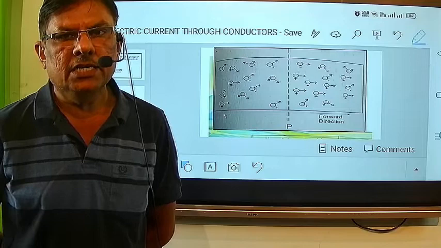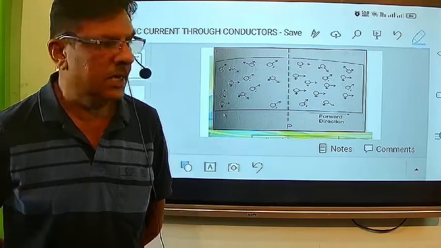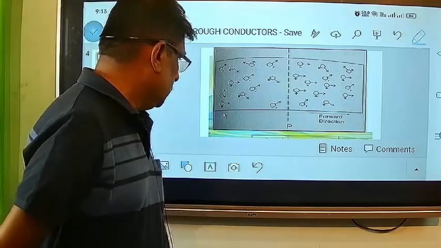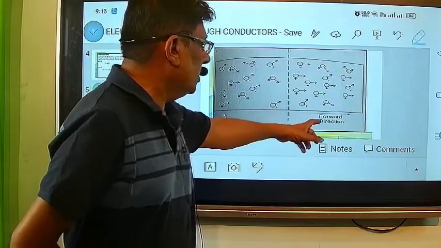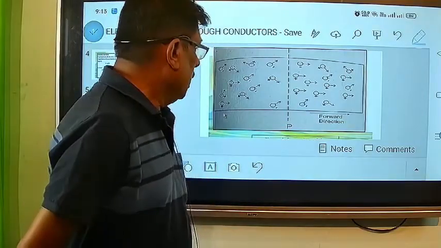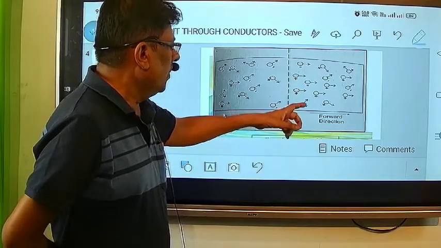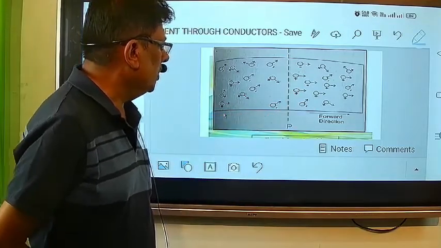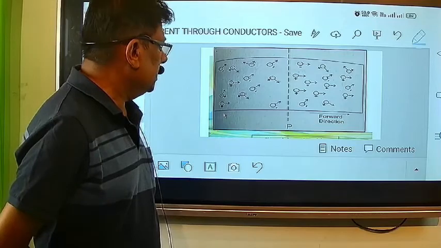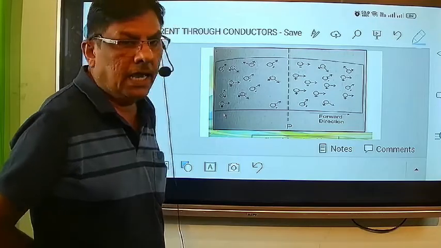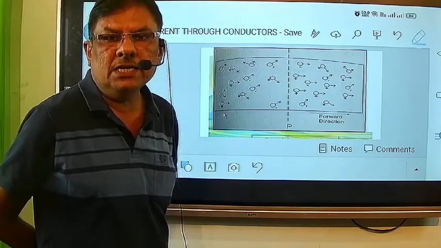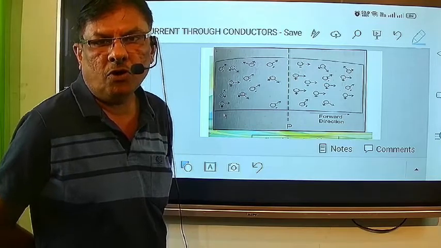Now these charges flow in the forward direction as shown in the figure. So here the forward direction is there, plus charges are also shown, minus charges are also shown, and when we say that the current is flowing, they are flowing in the forward direction.